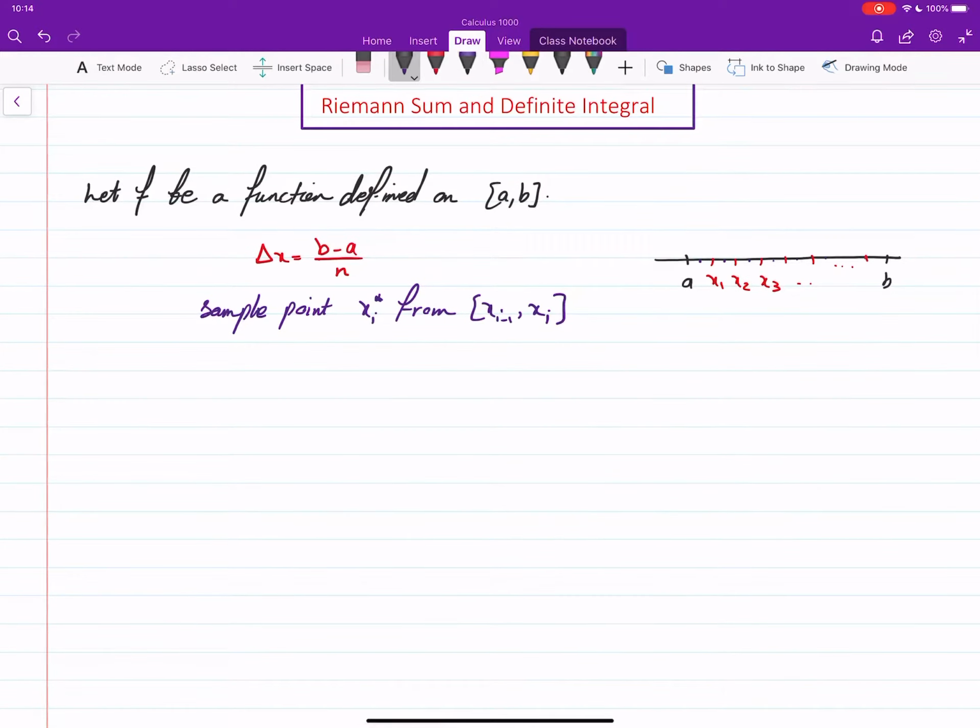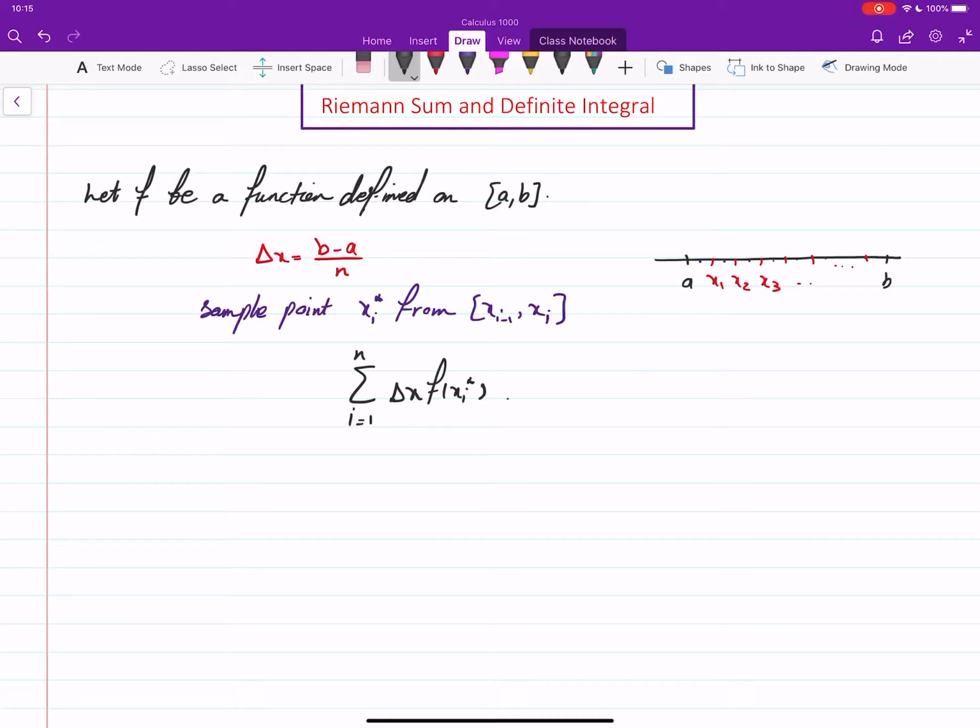Then we form the sum: we find the value of f at xi star, and multiply it by delta x. Then add these from 1 to n.